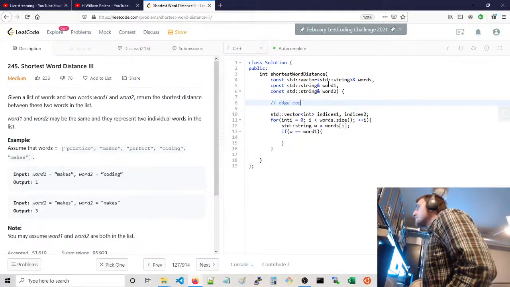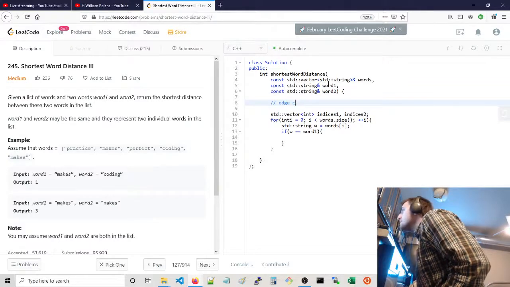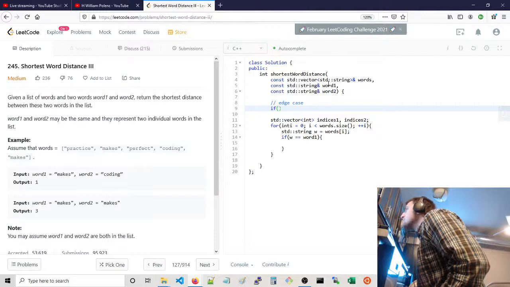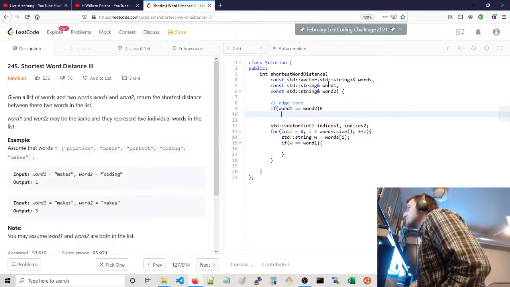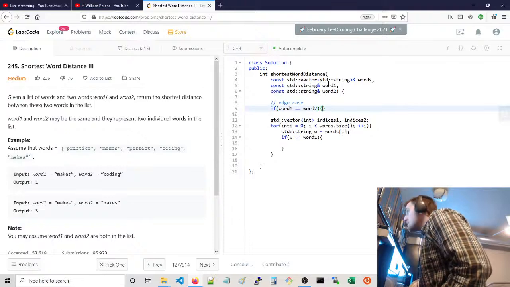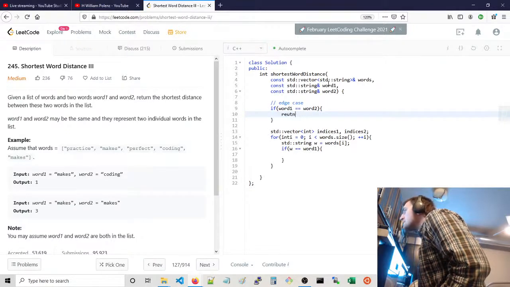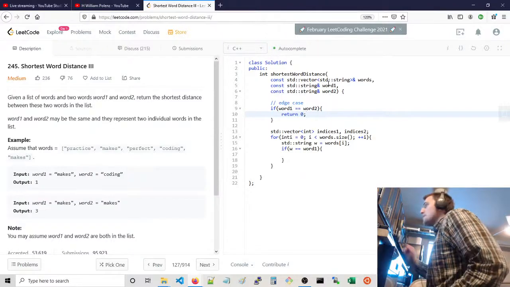Oh, yeah. By the way, if we just say word 1 equals word 2, we could just return 0 immediately. Right?